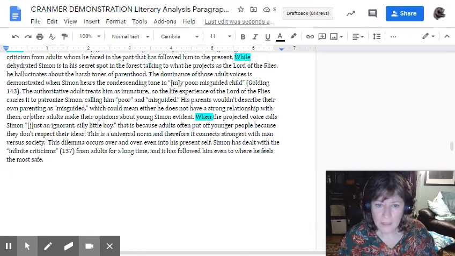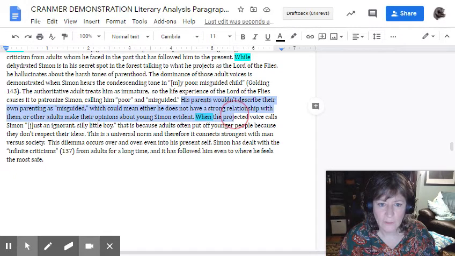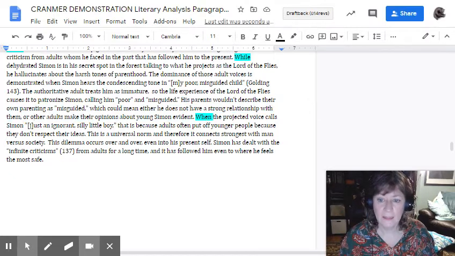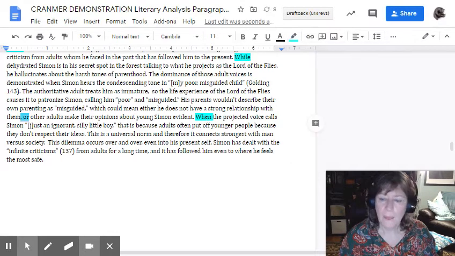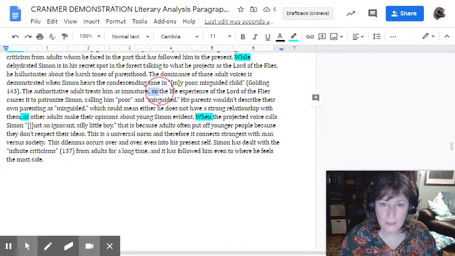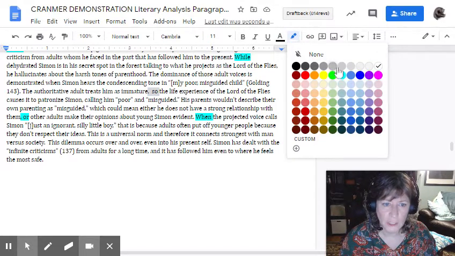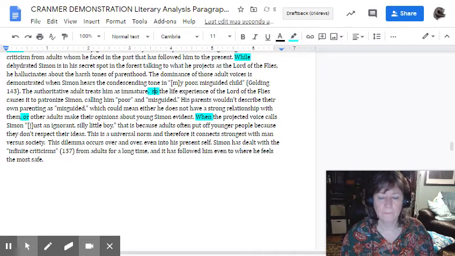We now have "his parents wouldn't describe their own parenting as misguided, which could mean either he does not have a strong relationship with them or other adults make their opinions about young Simon evident." That's a correct sentence. In fact, that sentence is using that same writing strategy that we were talking about, which is independent clauses joined by a comma and a conjunction. So now we can see that we've used that writing strategy at least twice in a sentence.